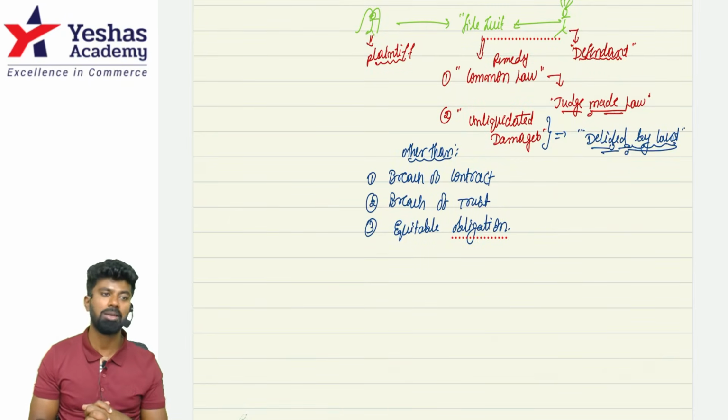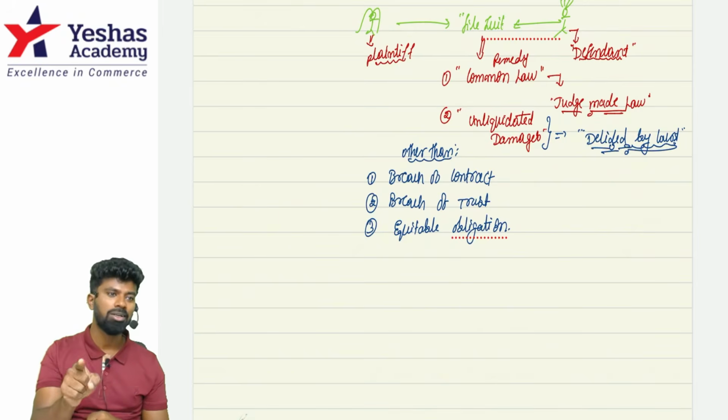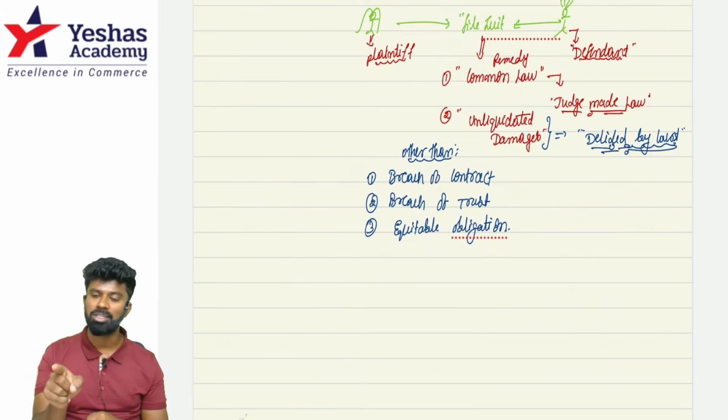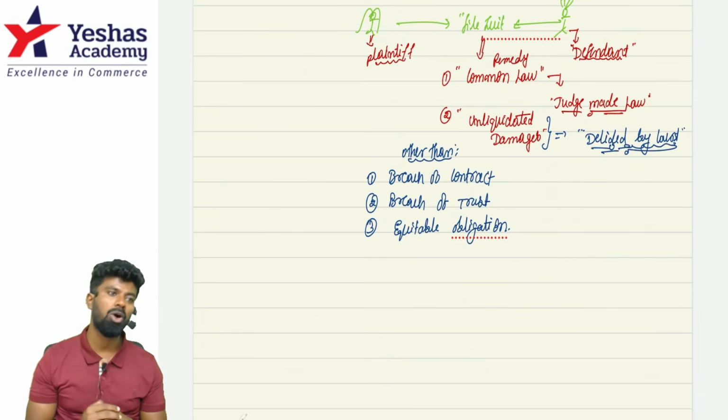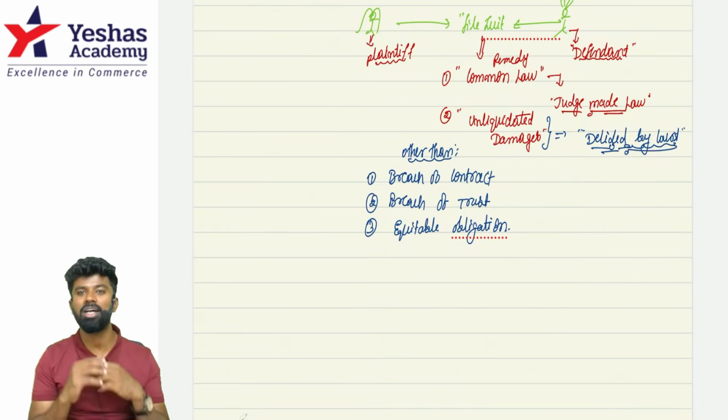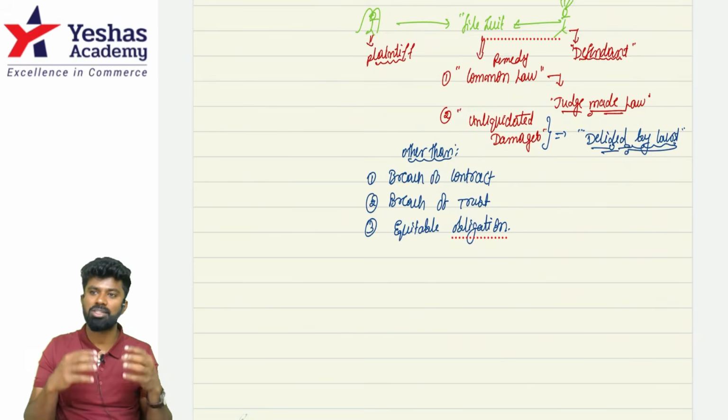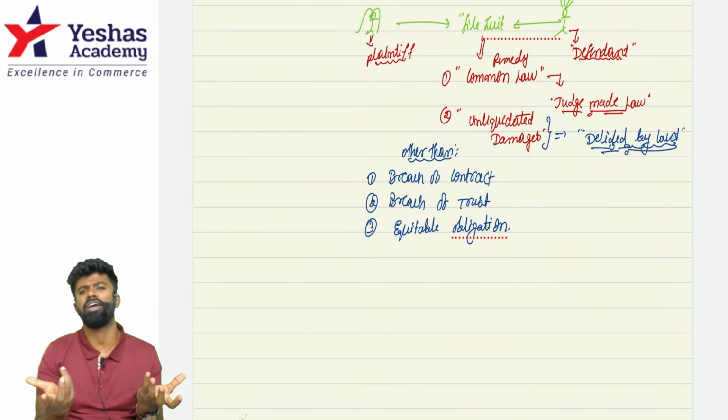Can you tell me the definition of a tort? Tort is a civil wrong where the remedy is in common law for unliquidated damages, other than breach of contract, breach of trust, and equitable obligations. Is tort codified or uncodified law?